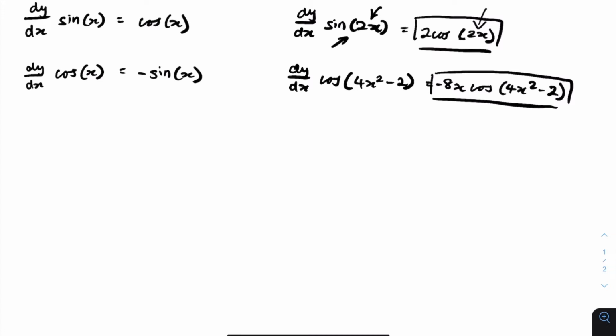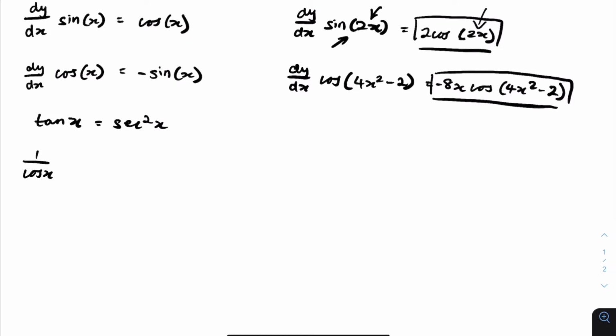Now let's think about tan x, which is, as expected, a little bit funnier than the others. Tan of x actually becomes something known as secant squared of x. And for those who don't know, which likely most of you won't, secant is basically 1 over cos x.